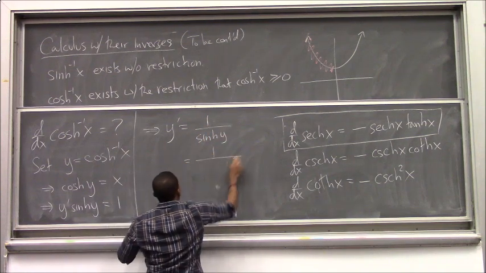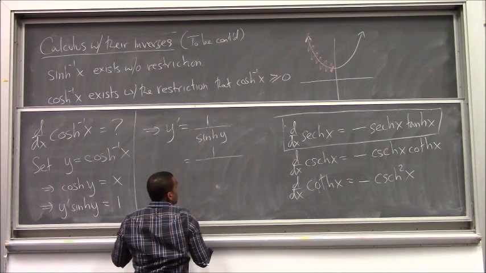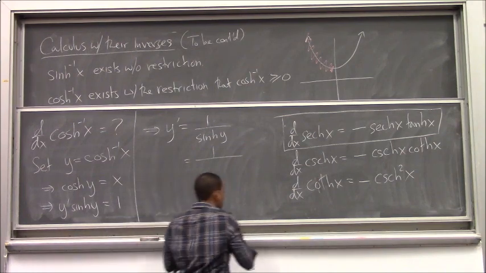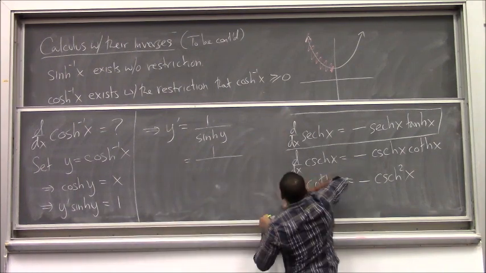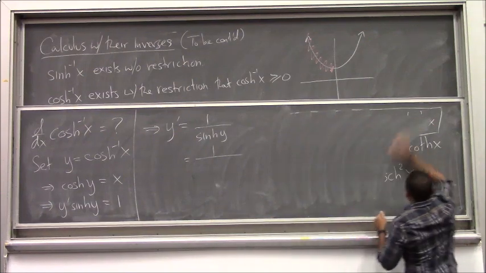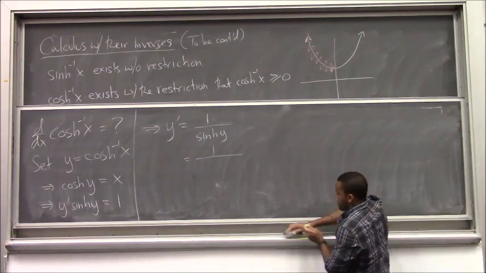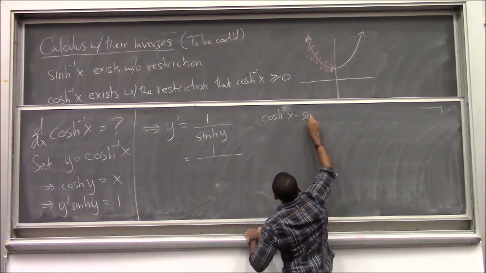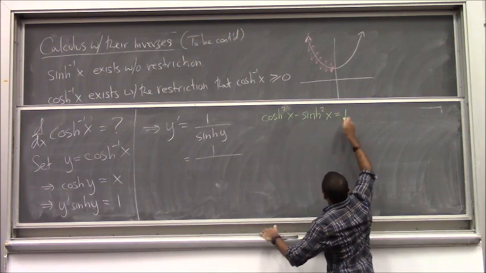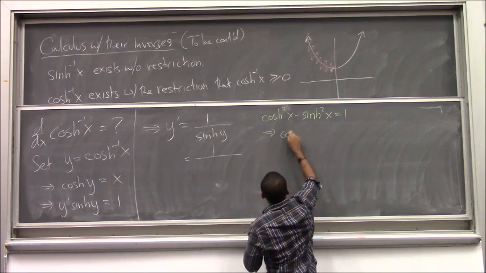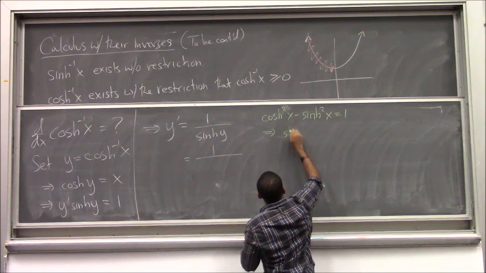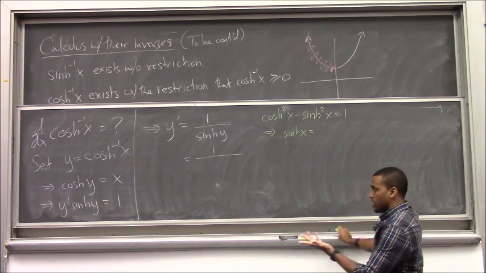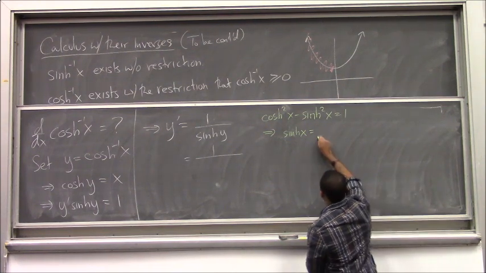But you might remember that cosh squared minus sinh squared equals 1. So because of how the cosh inverse works, we only care about the positive radical, so I can take the positive radical.